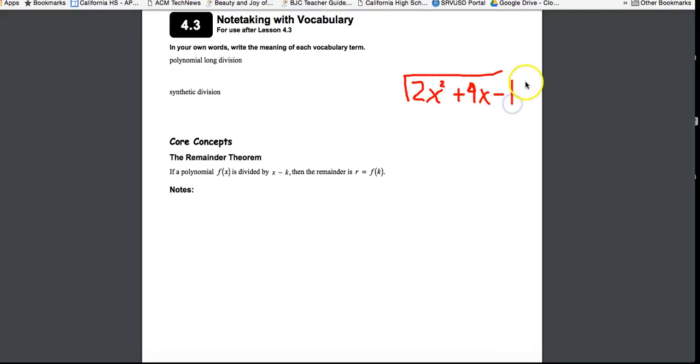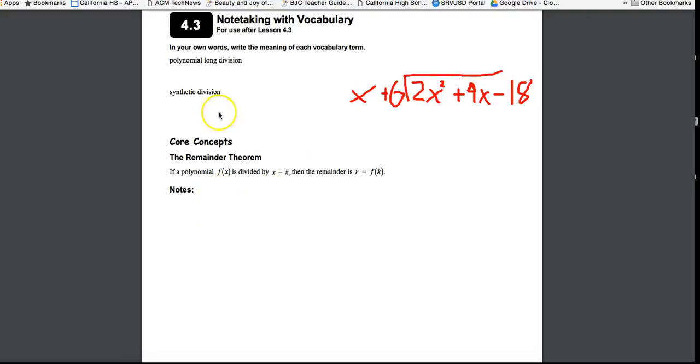A lot of people think that's not even possible. So we're going to divide that by x plus 6. So when people see this for the first time, they just don't think that's possible. 2x squared plus 9x minus 18 divided by x plus 6, again, scares a lot of people off.